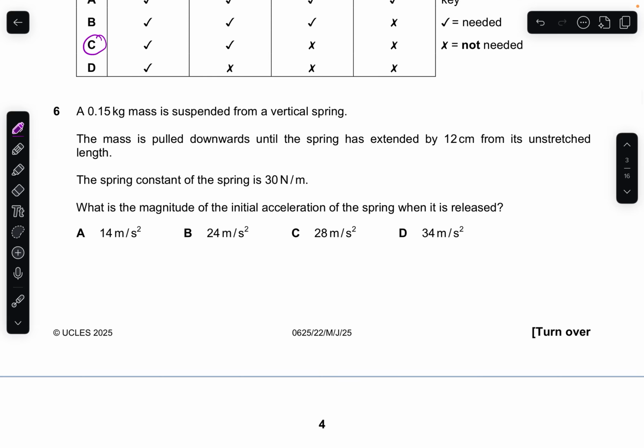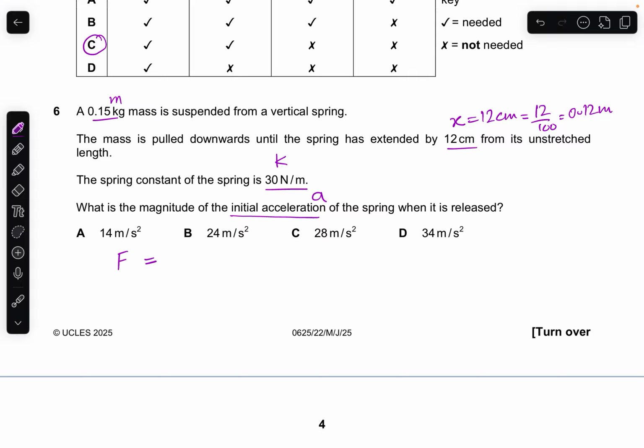Question 6, we have a mass 0.15 kg suspended from a vertical spring. The mass is pulled downward until the spring has extension x from its unstretched length, and the spring constant is given, that is k. What is the magnitude of initial acceleration when it is released? So first, this is in centimeters, converted into meters. So 12 divided by 100, that will give you 0.12 meters. Okay, Hooke's law, we have F equals kx, but we have to find acceleration.